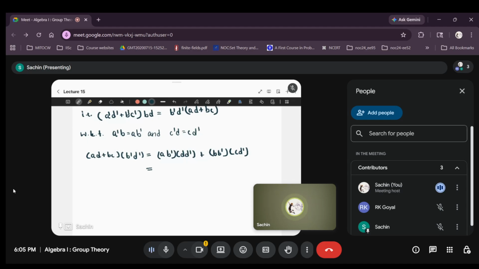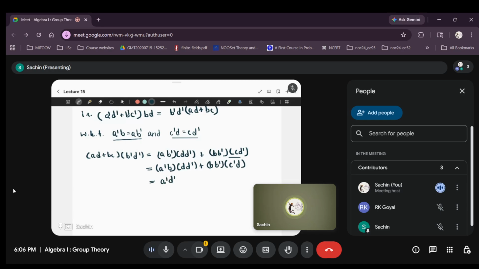Then AB prime is equal to A prime B from here, to DD prime, plus CD prime is equal to C prime D from here. So this can be written BB prime into C prime D. Next again I will rearrange.